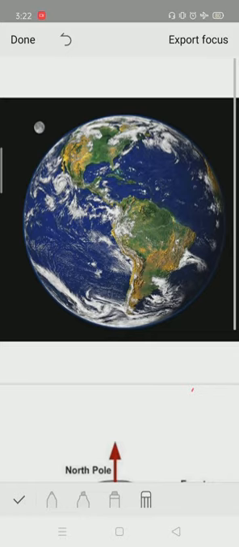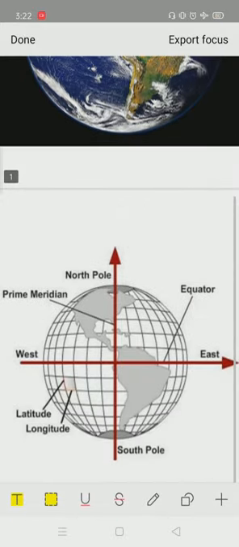If you see the picture, is there any line there? No. These lines never exist in real life. Have you seen any lines passing over your head? Never. So these lines are completely imaginary. This is for our convenience, so that we are able to locate places.